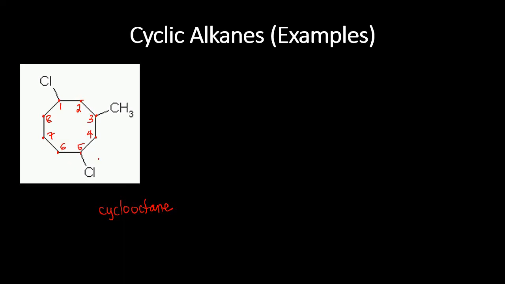So we follow this numbering. We now list down the substituents. So what are they? We have 1 chlorine. Is it chlorine? No. When we see a halogen, when we see chlorine as a substituent in our ring, we use the term chloro. Ayan. So 1 chloro.